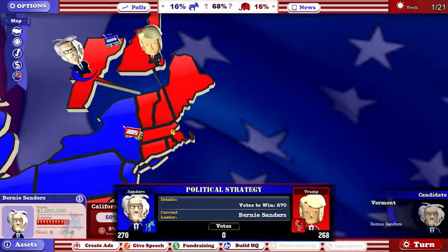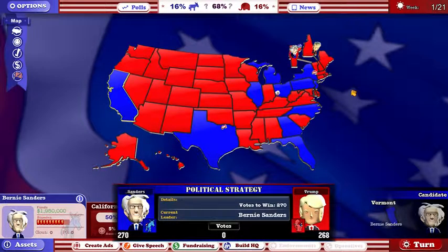So the winner of Massachusetts, the person that wins the most votes, not necessarily the majority, will win all 11 of the electoral votes. And in order to become president, you need to win a majority in the Electoral College.